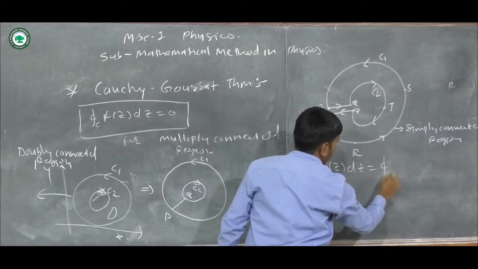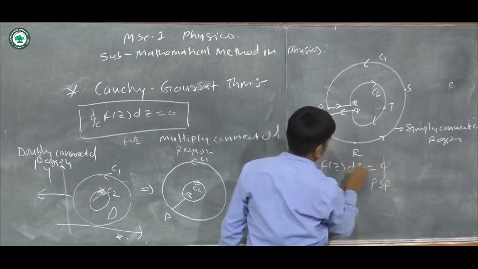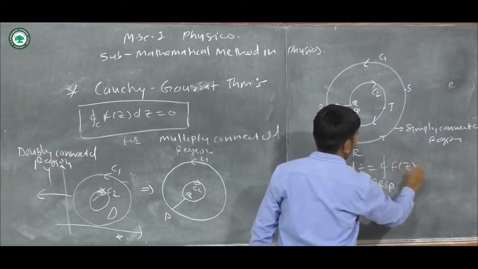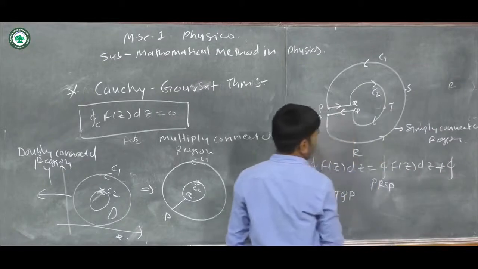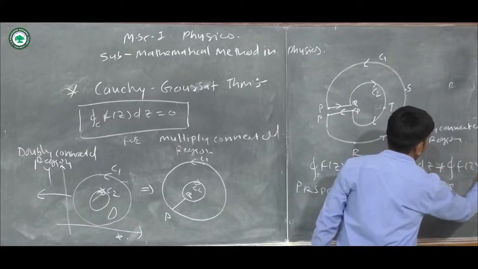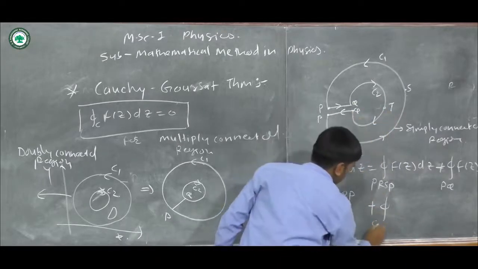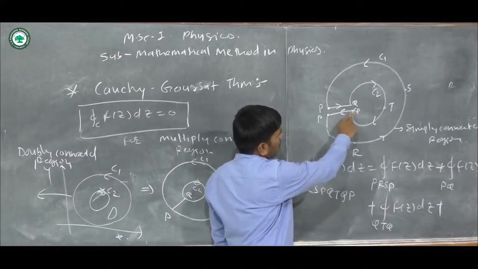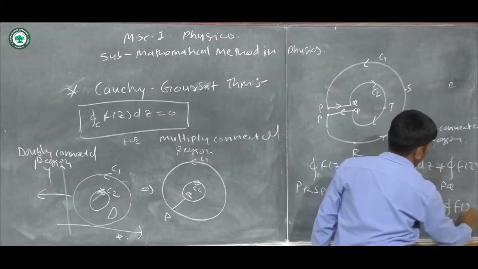So the closed integral over C is the integral over P R S P of f of z dz, this is the first one, plus the integral from P to Q of f of z dz, plus the integral over Q T Q of f of z dz, plus the last one, the integral over these lines from Q to P of f of z dz.